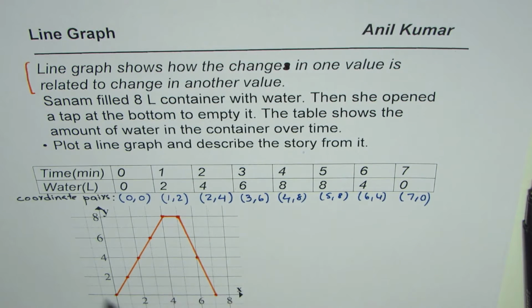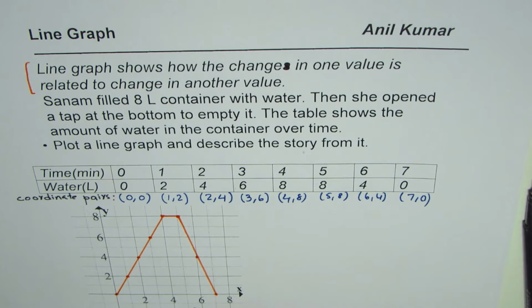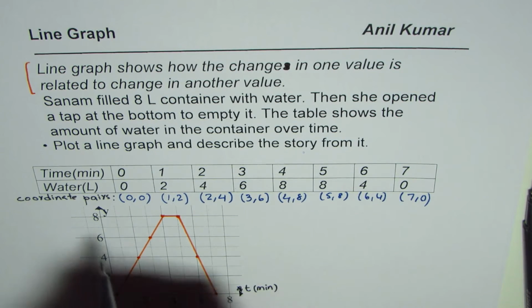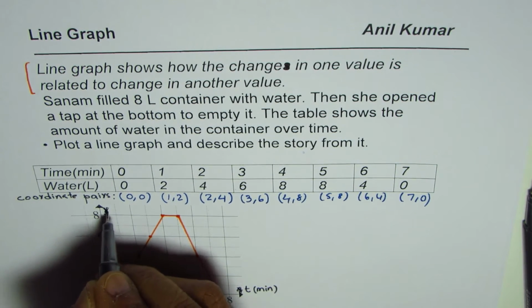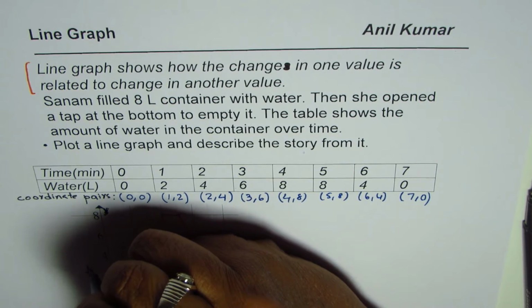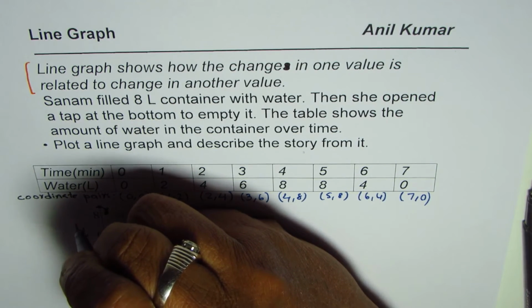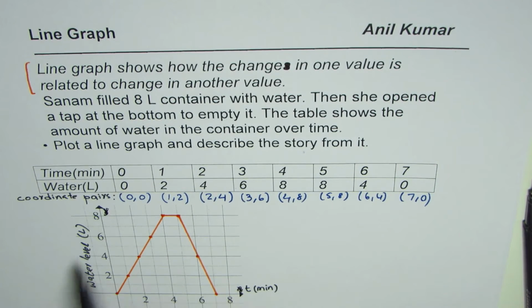Do you see that? So this is time in minutes. Let me write x as time t, in minutes. And y here is the water level, in liters. So that is our y-axis.